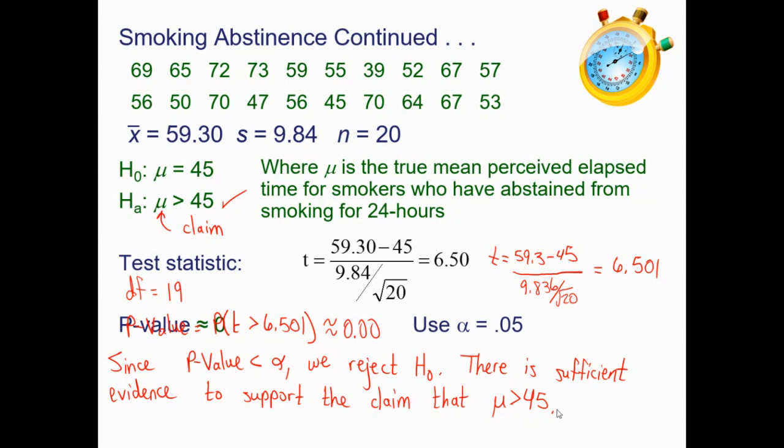We're going to have to do that on the test. You'll have to write a statement like what I had up there. Since this occurs, we reject the null. There is or is not enough evidence to reject or support the claim. It'll be like what's on the homework.